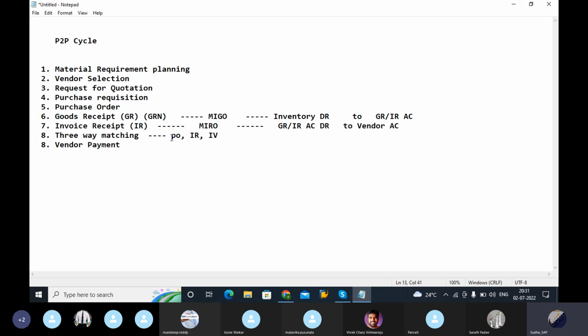In the purchase order, the quantity, quality and price are the same, and then they will also be considered in the invoice receipt. For these three documents equally, we have to check properly. After that only will the vendor payment occur.